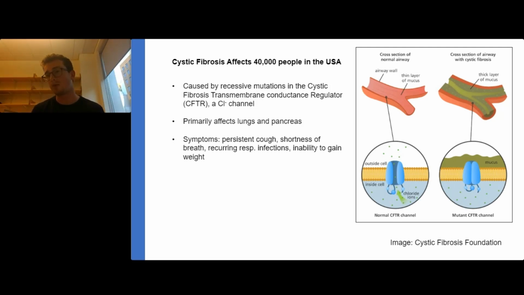Cystic fibrosis is a disease that affects quite a large number of people, but not necessarily in the same way, in the sense that there is a very large range of genetic mutations that can cause the cystic fibrosis phenotype. Generally speaking, cystic fibrosis usually comes from a mutation in a particular membrane channel that transports chloride ions.